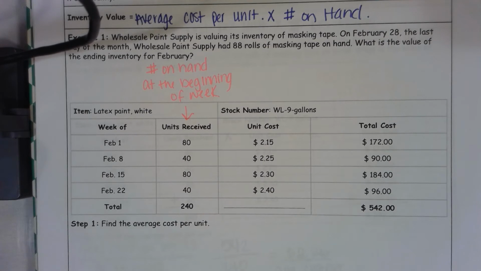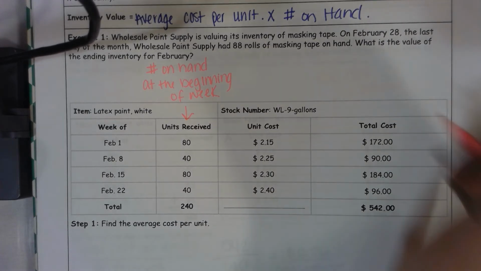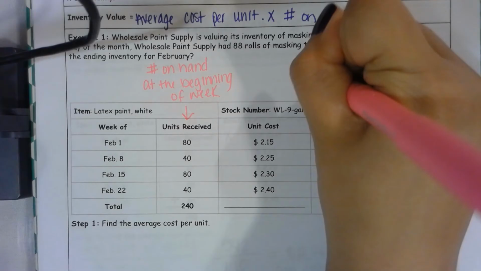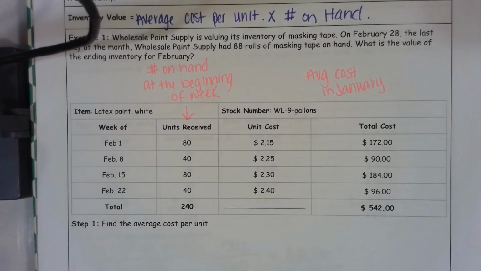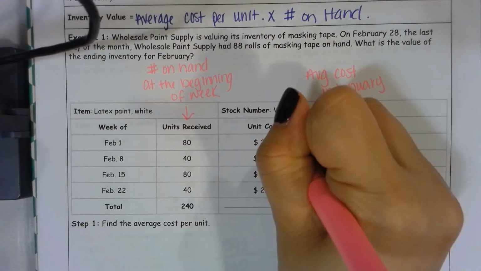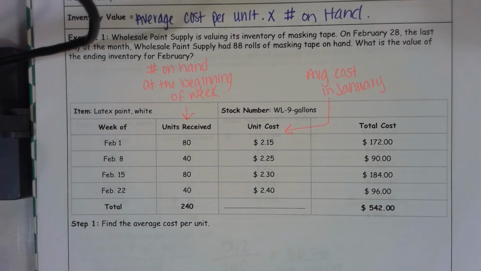Your unit cost is actually the average cost in January. So since it's February, they don't know what the average cost in February is because people haven't bought anything yet, but they're going to use the numbers from the month before.